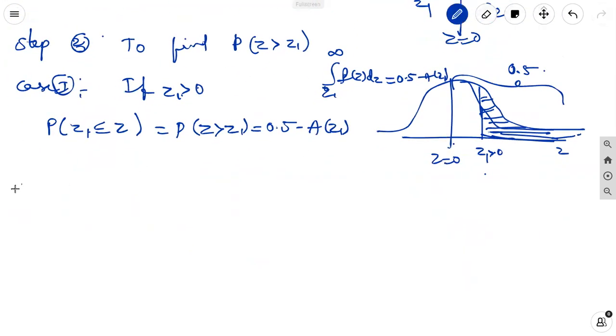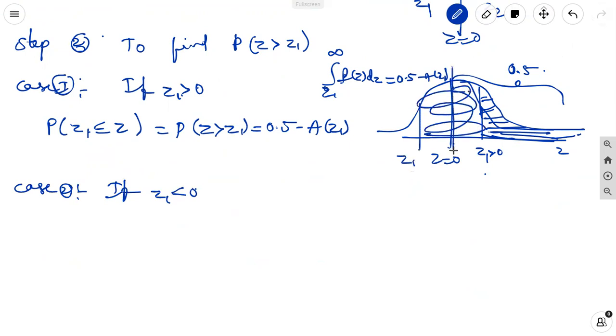Next, case 2. If Z1 is less than 0, here is the Z1, so this area is also included. Up to this point the area is 0.5.